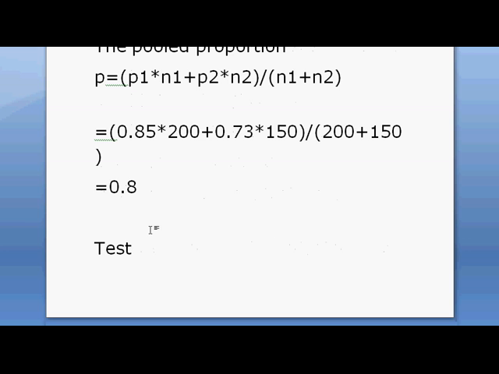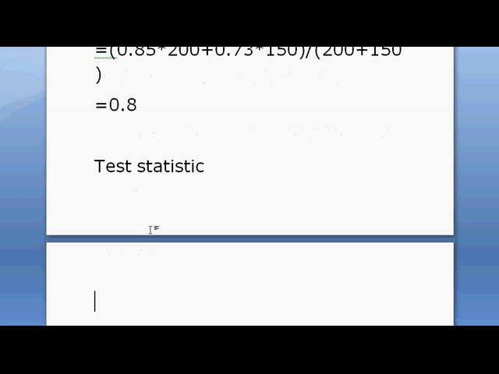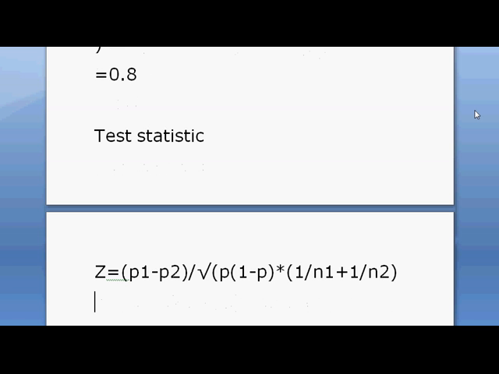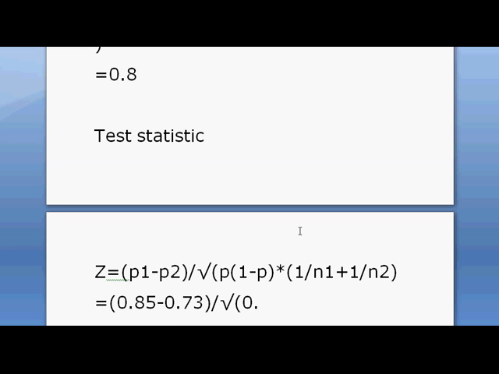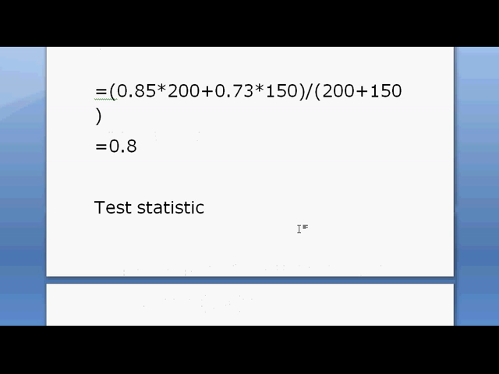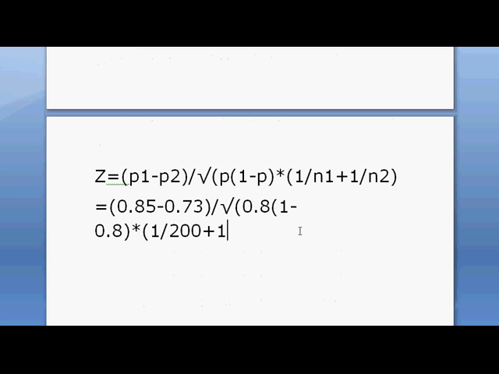Now find the value of the test statistic. Test statistic Z is equal to P1 minus P2 divided by root over of P into 1 minus P into 1 by N1 plus 1 by N2, which is equal to 0.85 minus 0.73 by root over of 0.8 into 1 minus 0.8 into 1 by 200 plus 1 by 150.